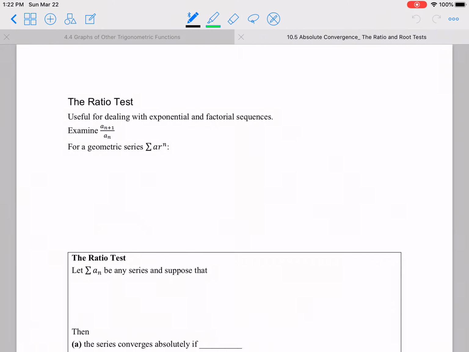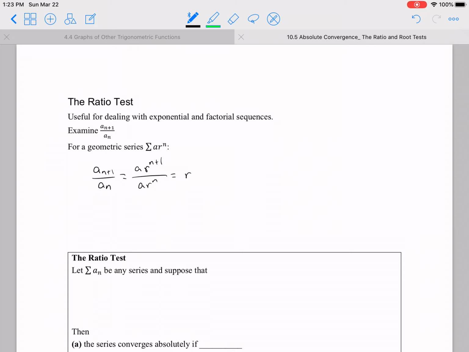Let's look at the ratio test. This is useful for dealing with exponential and factorial sequences. So let's take a look at a_(n+1) over a_n. For a geometric series, sum of a r to the n, a_(n+1) over a_n equals a r to the n plus 1 over a r to the n.